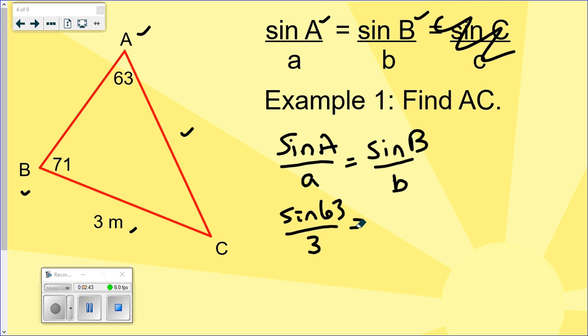And this is where the difference becomes important. It's a capital A, which means it's an angle.